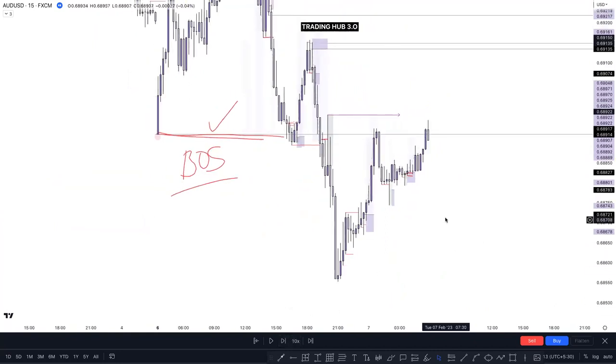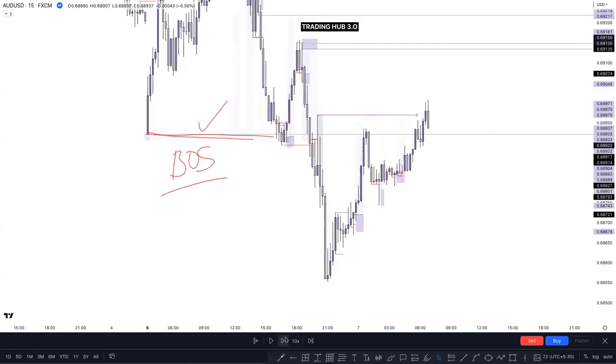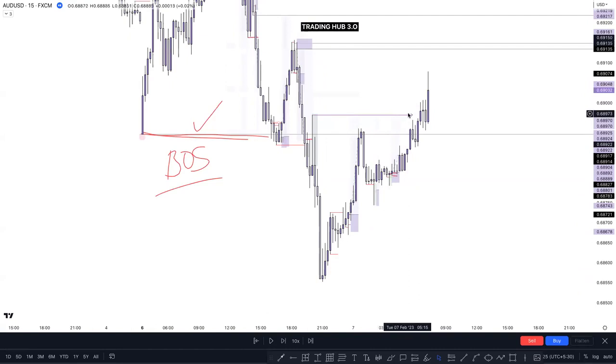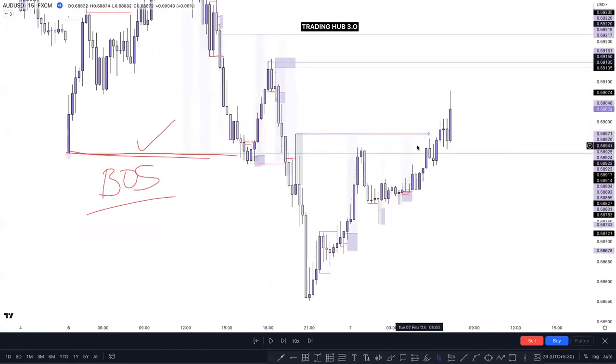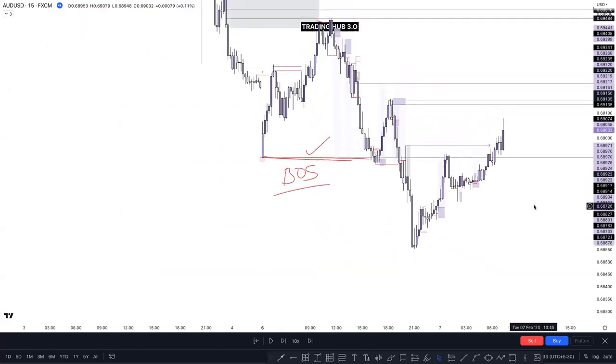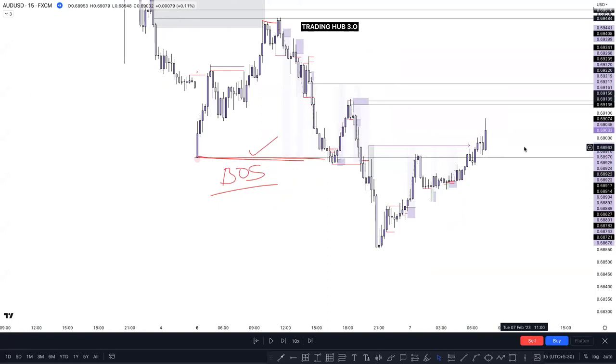Okay, all right. This is our target point, right here. Finally, the market hit our target point. So once the market hit our target, this buy closes here, right? Okay.